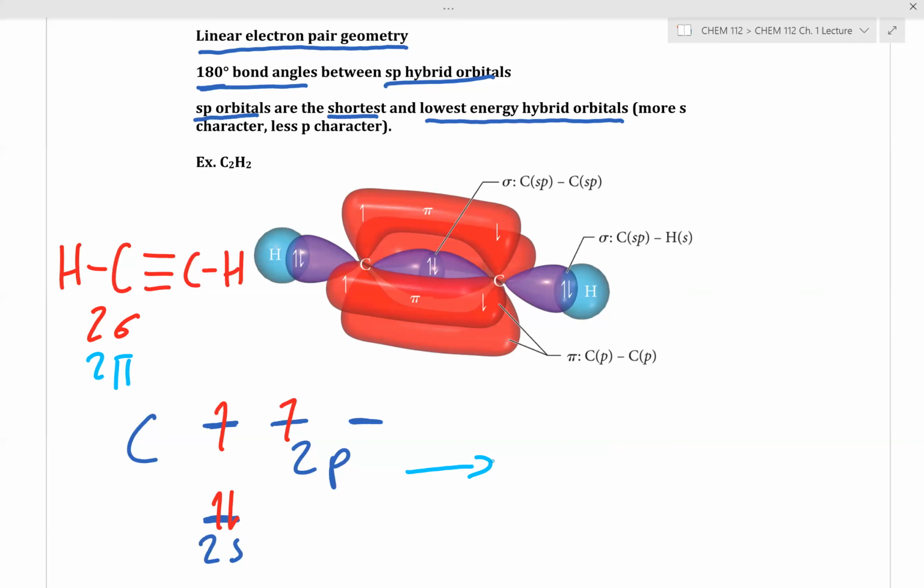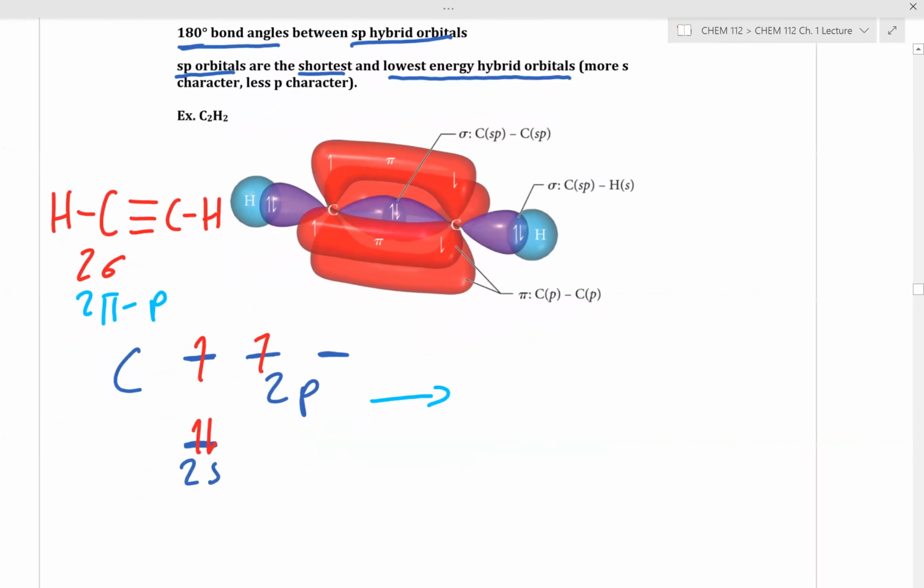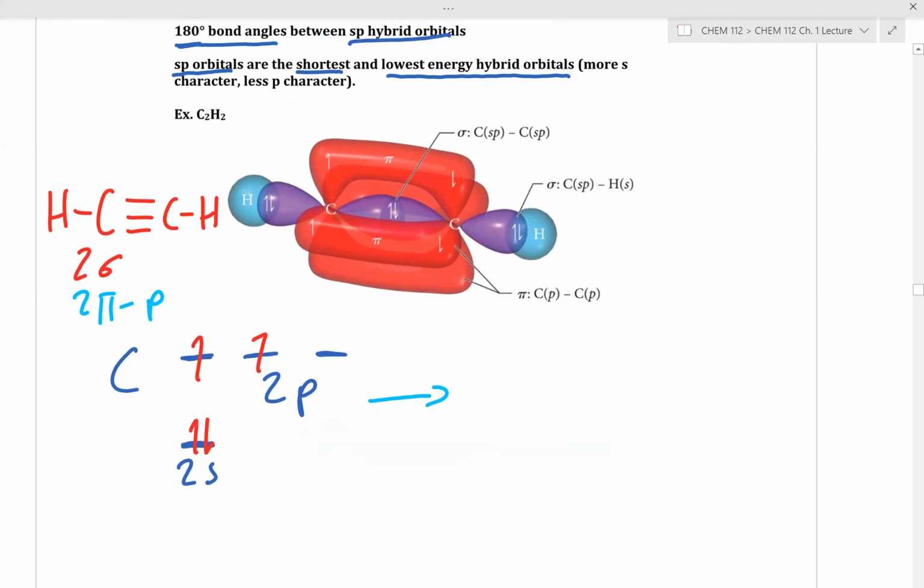Because for pi bonds, these are based on what orbital overlap? The pi bonds are based on p. Yes. Okay, so this is part of the reason why our carbon is hybridizing at all. Because it not only needs to have 2 hybrid orbitals for bonding, it also needs 2 half-filled p orbitals to form the double and triple bond.